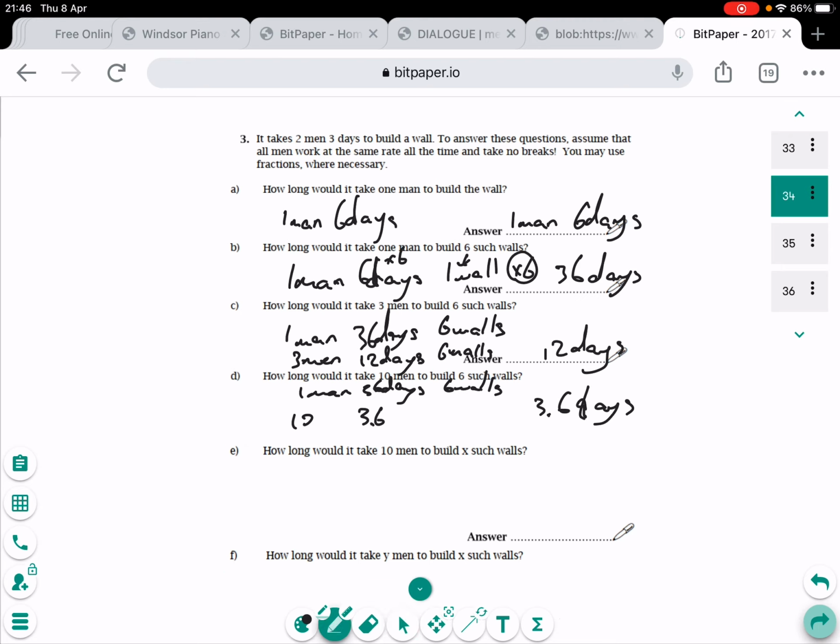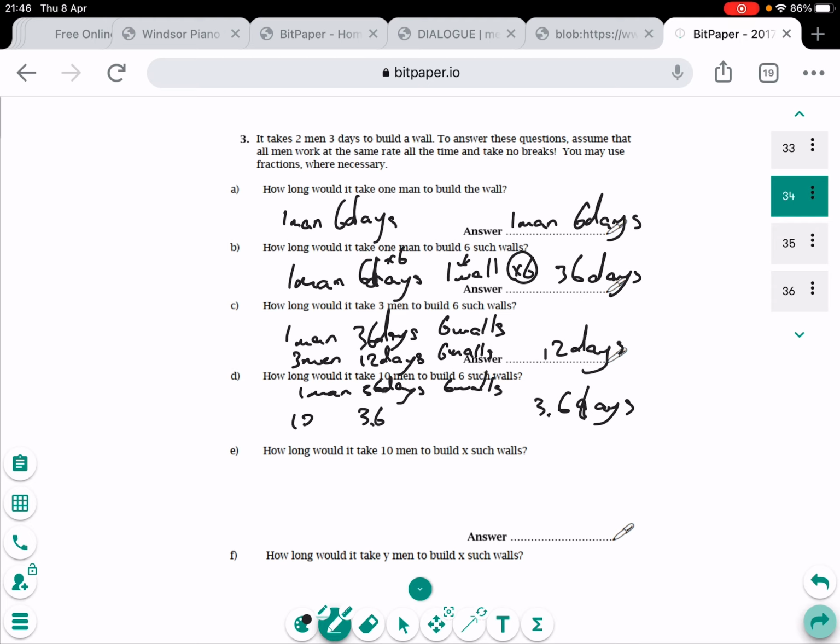But anyways, 10 men to build X such walls. So you don't know the days, and basically what you do here is, I don't know how to explain it actually.